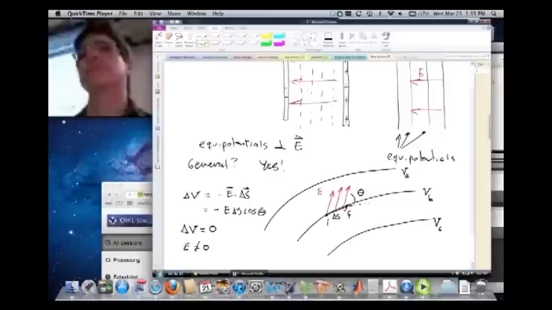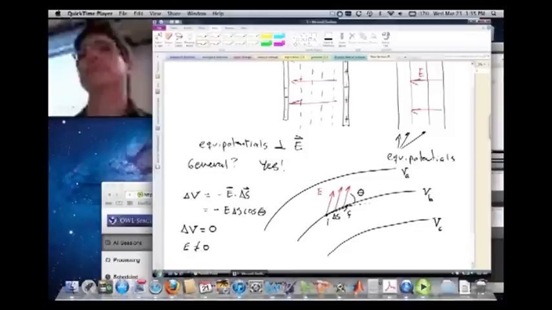So start by looking at some equipotentials, V sub A, V sub B, and V sub C. And let's say that we're going to move on the equipotential V sub B from an initial point to a final point, from I to F. The vector displacement is delta S. Now in that region of space there is an electric field, otherwise there wouldn't be potential electric lines or equipotentials.